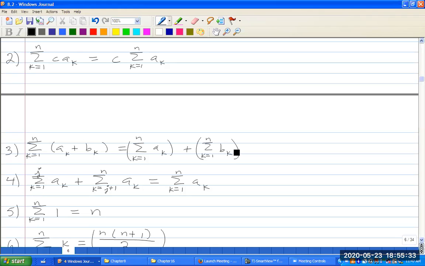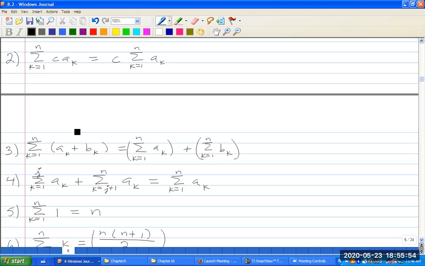So here with the distributive property, if you have a common constant in a sum of a whole bunch of terms, you can factor it out by the distributive property.